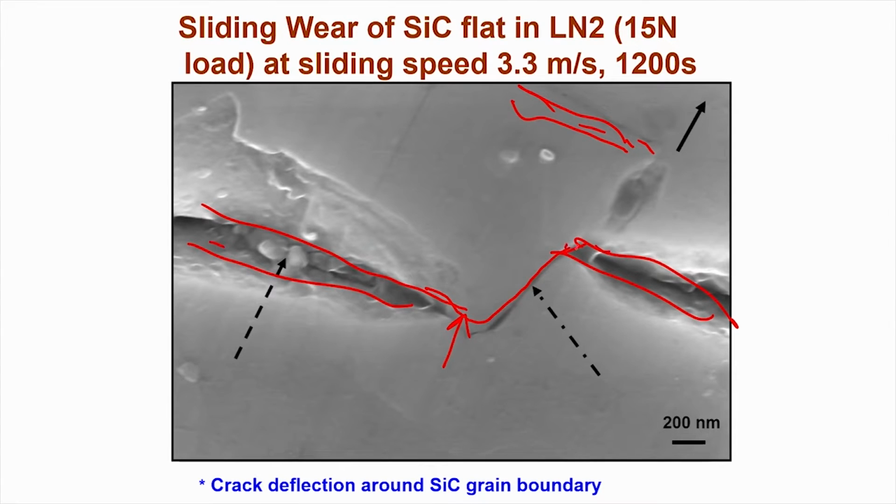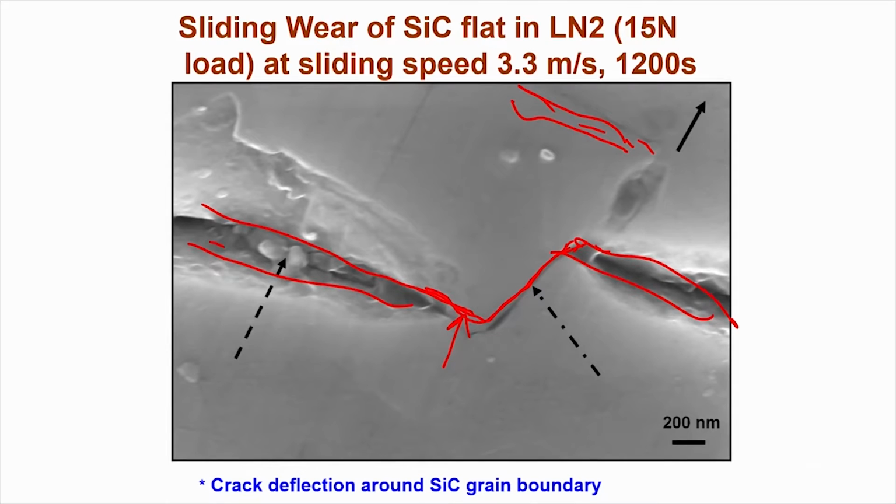This cracking is taking place, but the cracks are getting deflected around the grain boundary region. That crack deflection leads to delayed wear in case of silicon carbide. So, if the grain boundaries are the paths for crack propagation or crack deflection, certainly it will help in increasing the wear resistance of these materials.